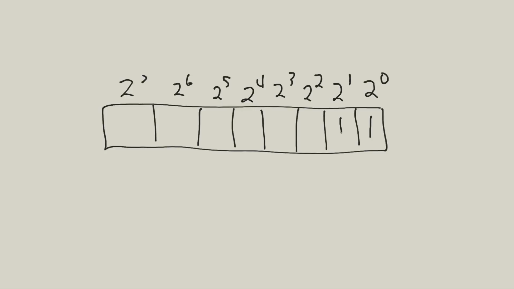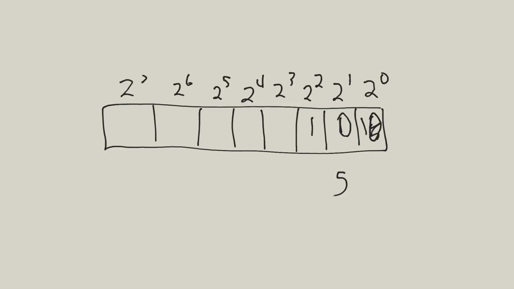So when you add 1, this one goes to 0 and it carries over, and this one goes to 0, and then this becomes 1. And then if we add 1 again, this 0 becomes a 1, and we have 5. So those are the basics of adding bits together.